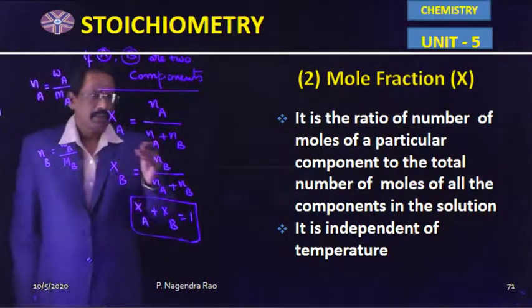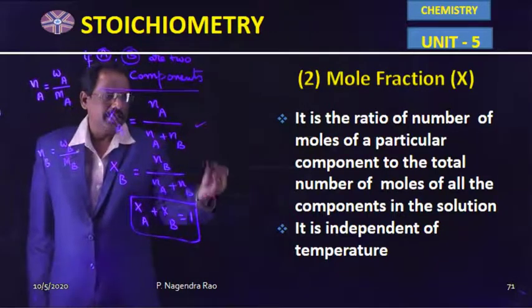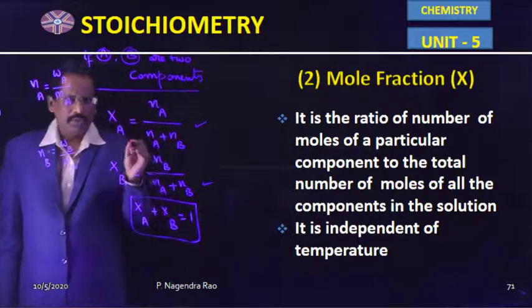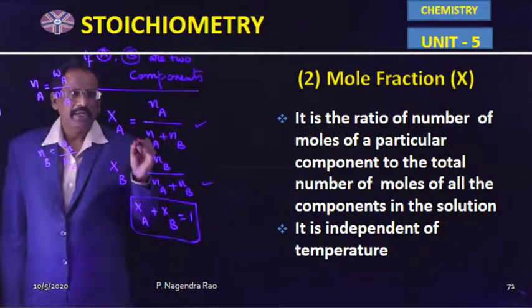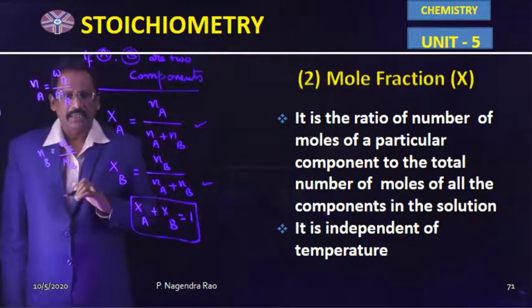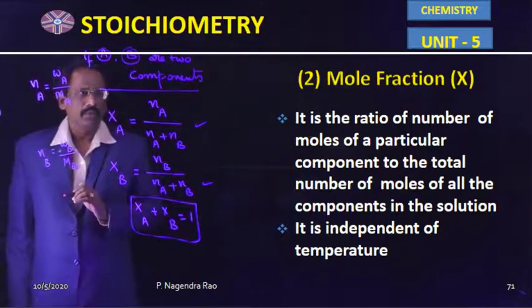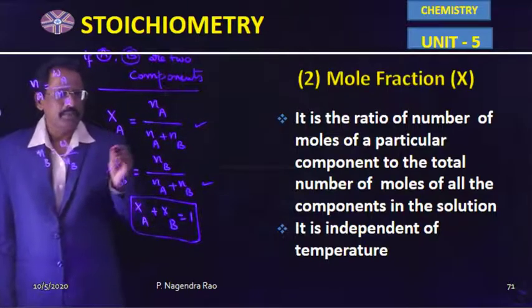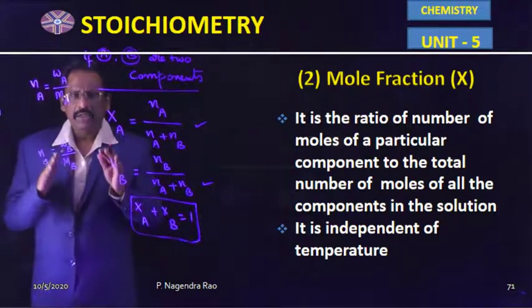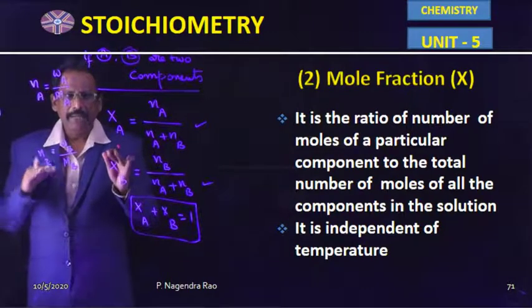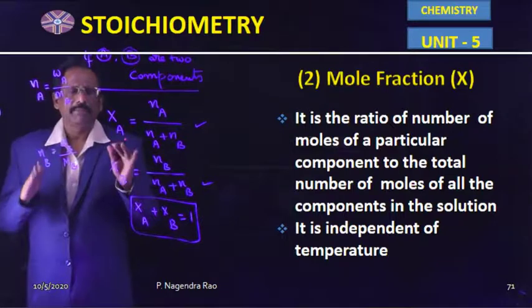So the formula used to calculate mole fraction is number of moles of that component divided by total number of moles of all the components. In this example, there are two components, and a very important point is that mole fraction does not depend upon the temperature. It is independent of the temperature.